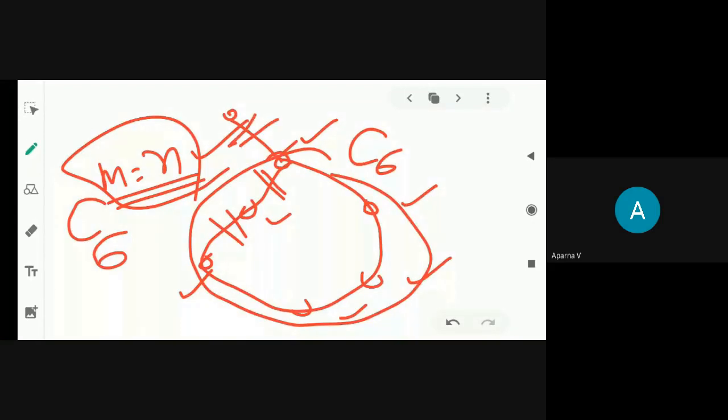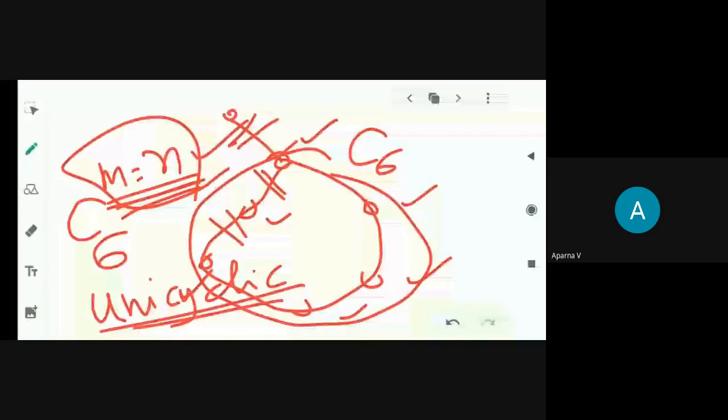Such graphs are called unicyclic graphs. If you want to do research later, unicyclic graphs are also very important. I have mentioned some important basic definitions, one theorem, the first theorem of graph theory, and one characterization of a tree.